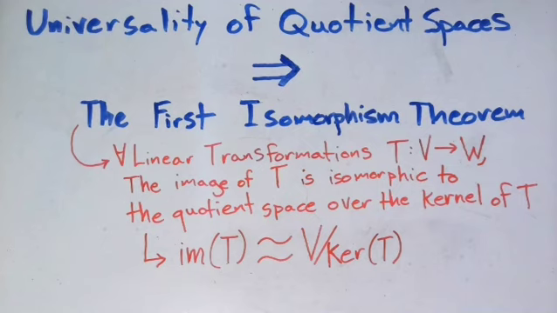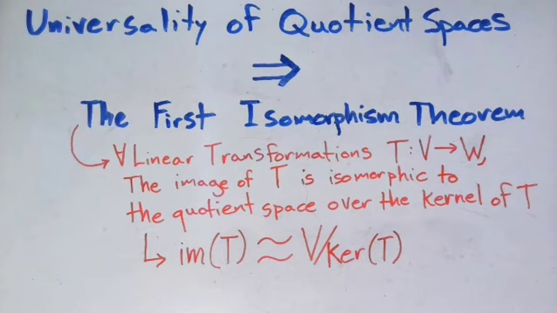So obviously that's a bit of a mouthful, and we'll take a closer look in a little bit, but just to see how it's written here, we have that the image of T, our linear transformation, is isomorphic to the quotient space of the vector space V over the kernel of that linear transformation T. And what is the kernel?